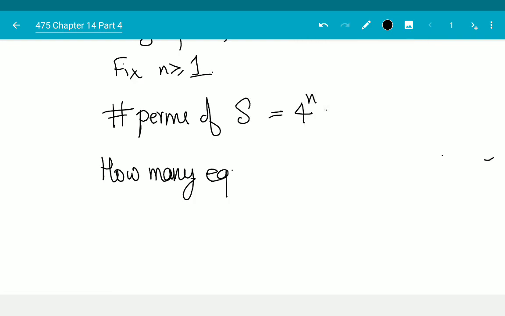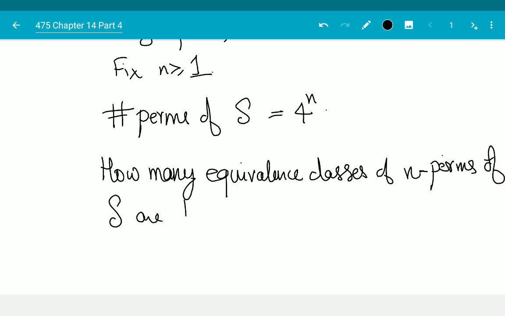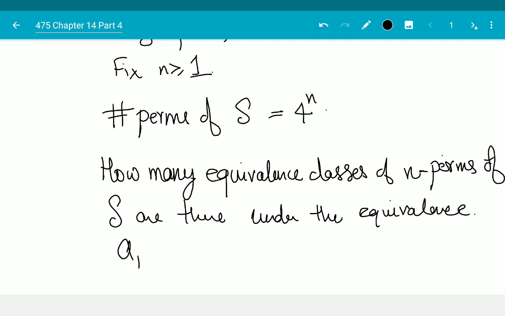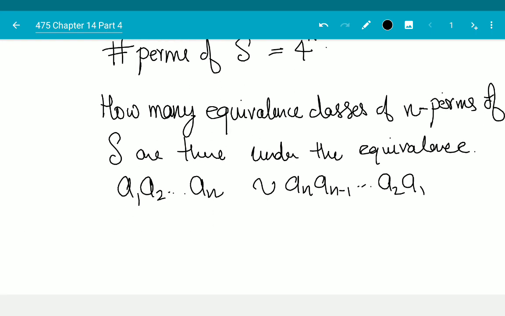How many equivalence classes of n-permutations of S are there under the equivalence a1, a2, ..., an is equivalent to an, ..., a2, a1? So I am saying that only mirror images are equivalent, and we are trying to look for this. Okay.